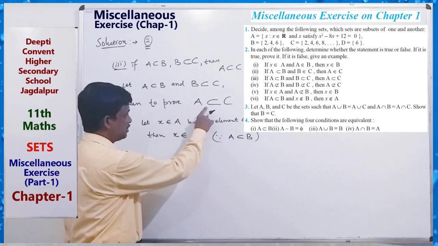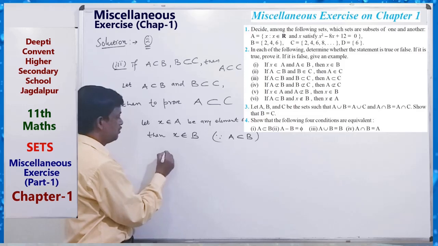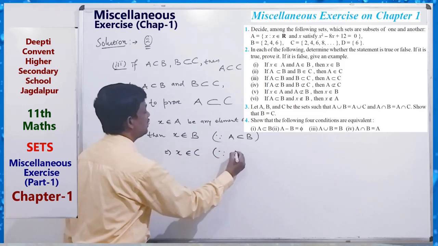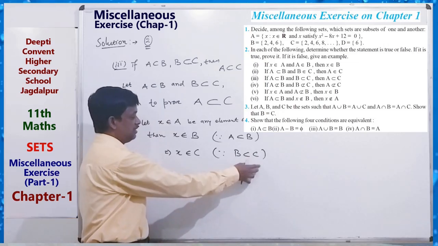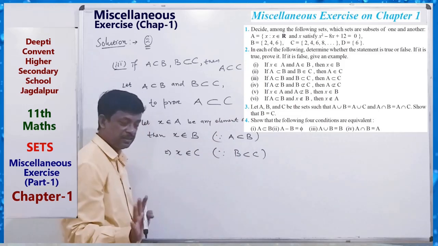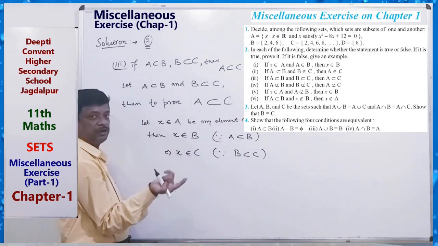To prove this, X also belongs to C. So this implies X also belongs to C, since it is given that B subset C. If B subset C, then any element of B also belongs to C, so X belongs to B implies X belongs to C. So what we get?